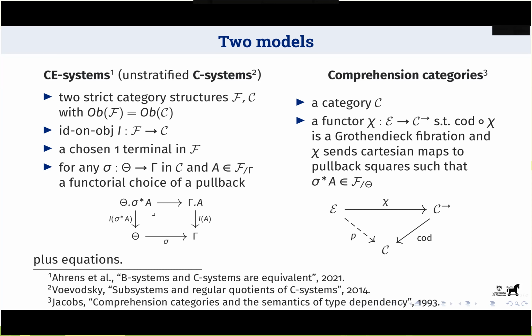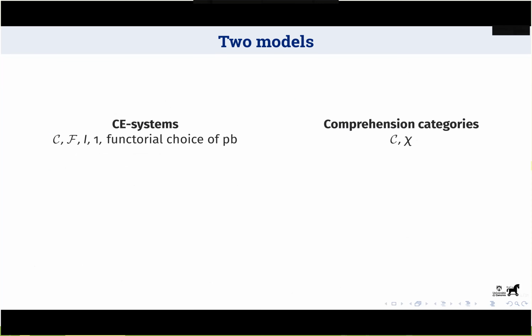Apologies. Okay, so these are two categorical models, and first I want to focus on how these two model dependent types. How do we interpret the fact that gamma is a context?